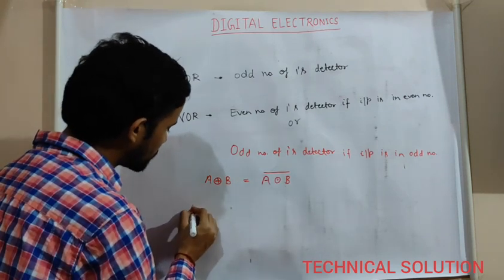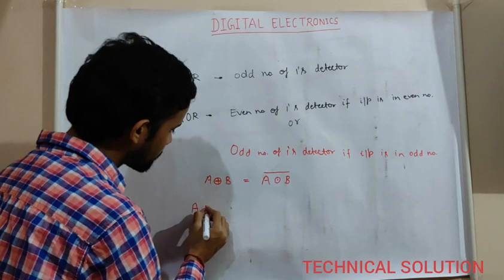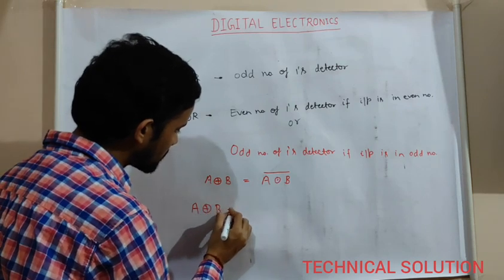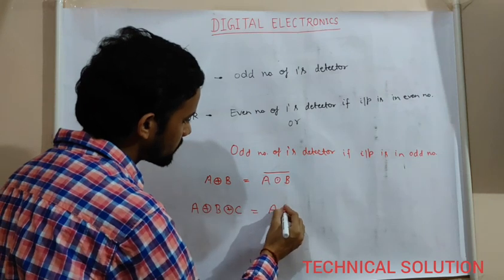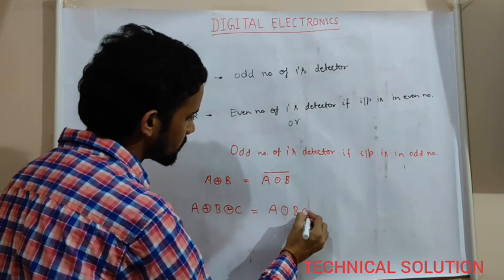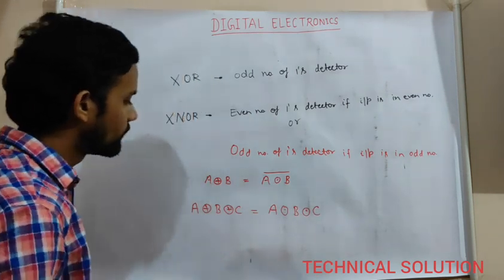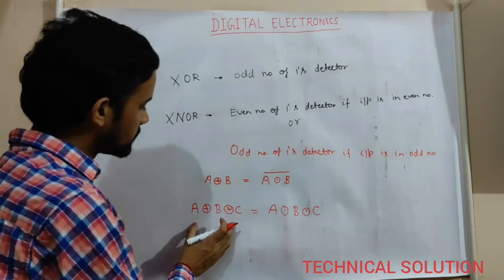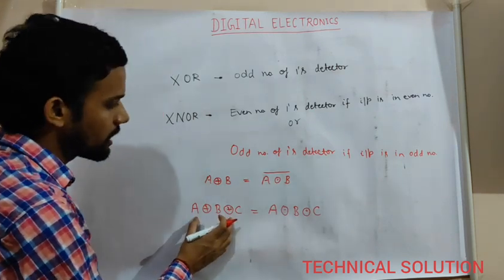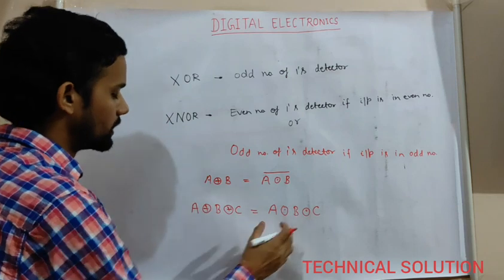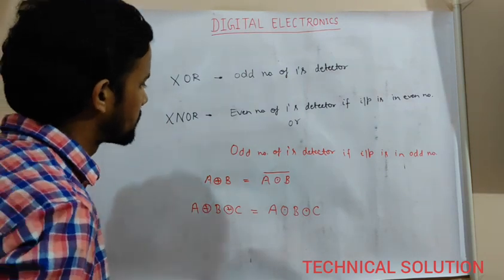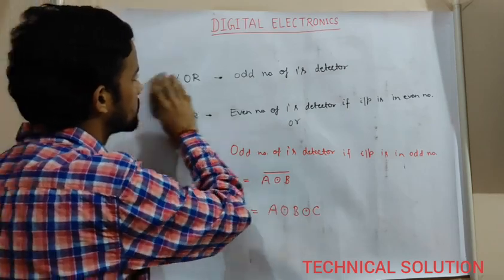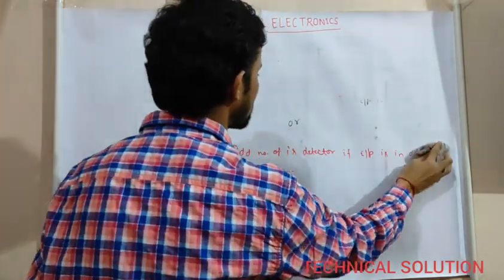For odd number of inputs, A XOR B XOR C is equal to A XNOR B XNOR C. For odd number of inputs, XOR and XNOR are both equal. And we can also prove this in this manner.